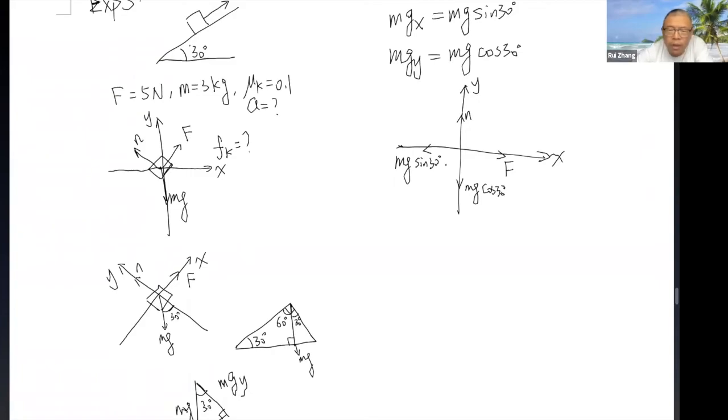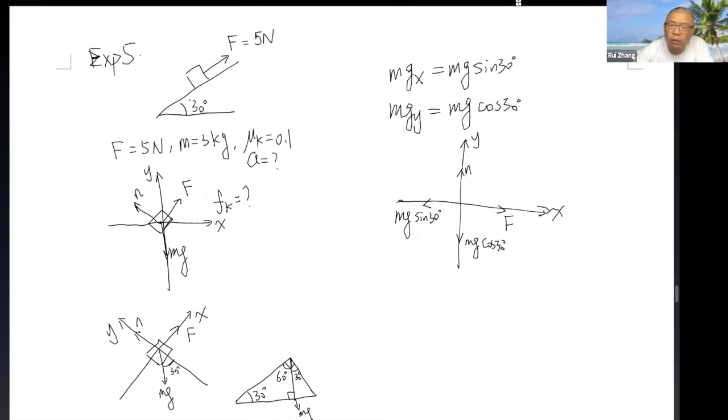Now as I said, we don't know f yet. So how do we know fk? How do we put fk in there? Again, fk will be going either along this direction or that direction. It really depends on which one of these forces is bigger, either mg sine theta or f. So we can go ahead and calculate mg sine theta to see. Sine 30 is 0.5, so it's 3 times 9.8 times 0.5.